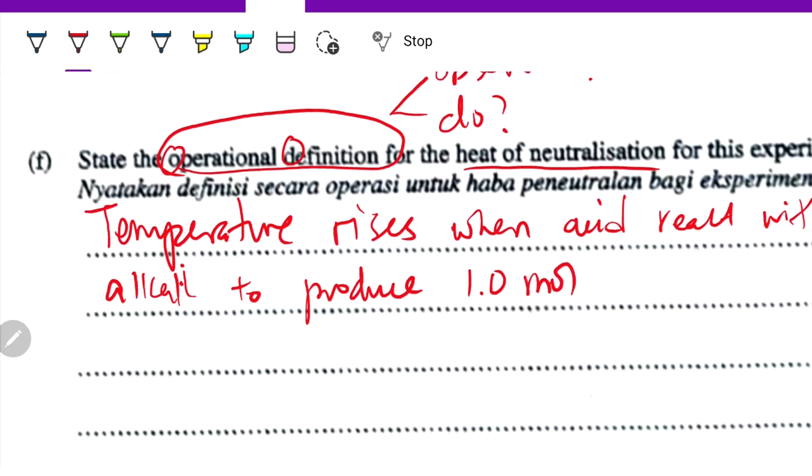We have to mention 1 mole of water. Normally for the heat of reaction, we just change temperature change to temperature rise. The back part remains the same.